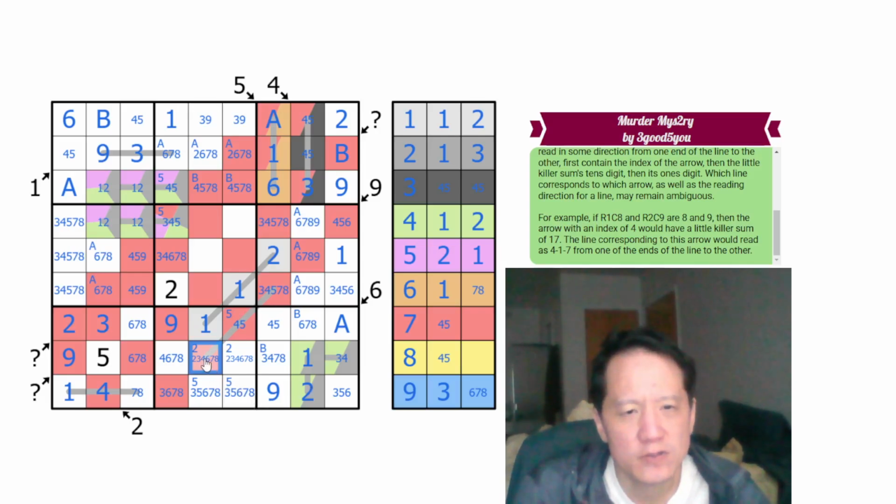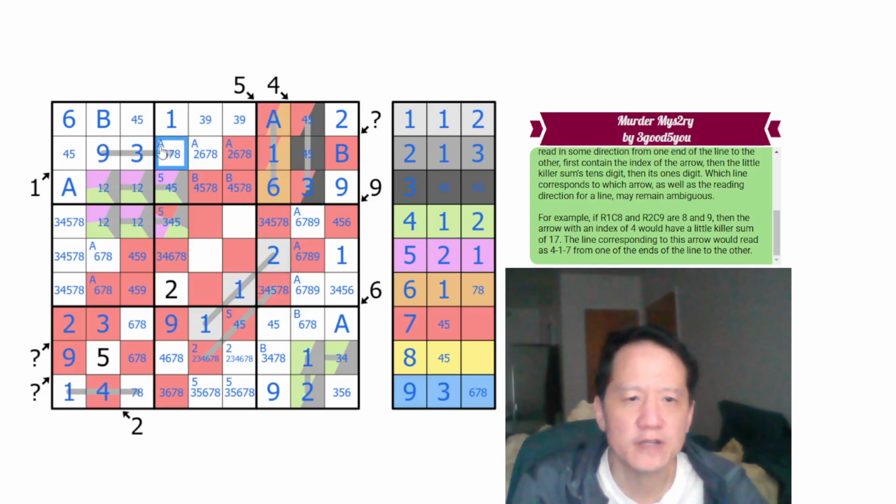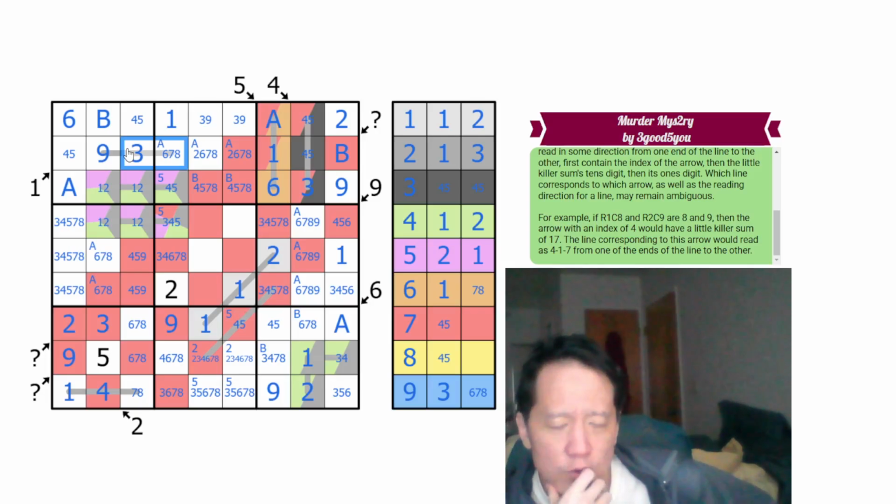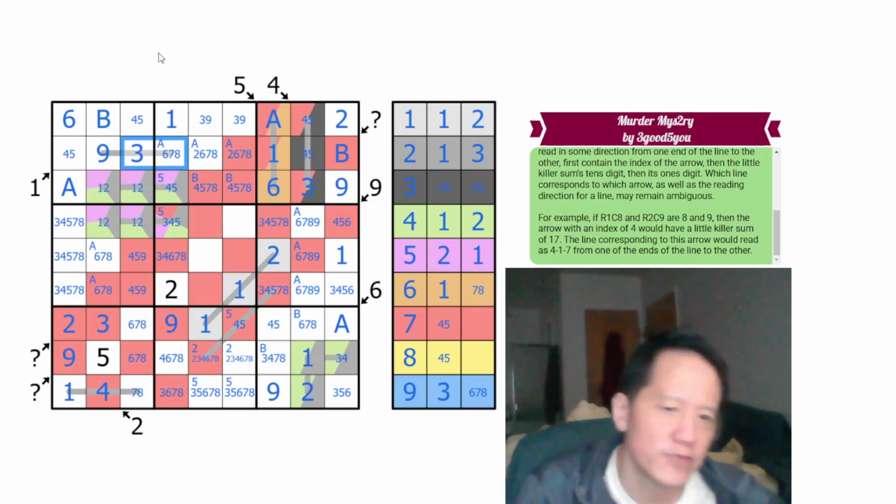Probably 2, 5, 8 adds up to 15. And you could have 6, 8, 9, which adds up to, yeah, 23, which would be 38. And if it were 2, it would have to be obviously with 7 or 8. So this would have to be 7 or 8 here.